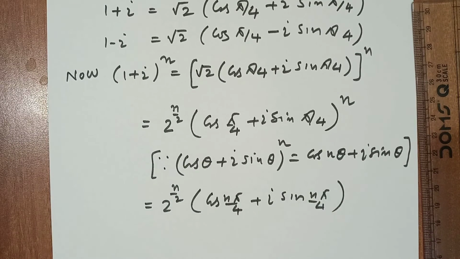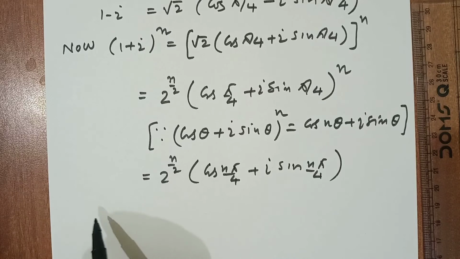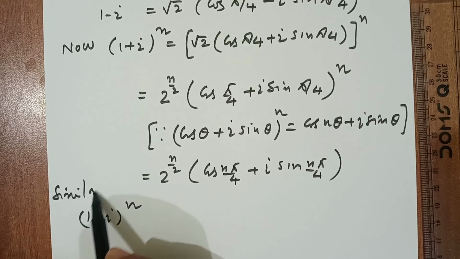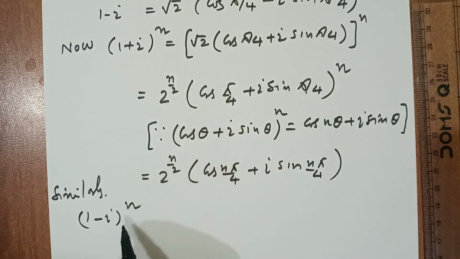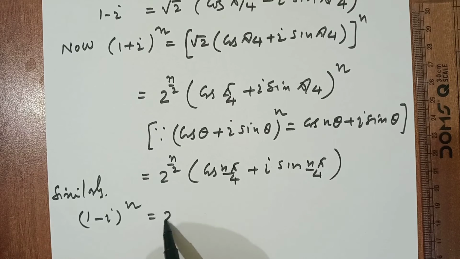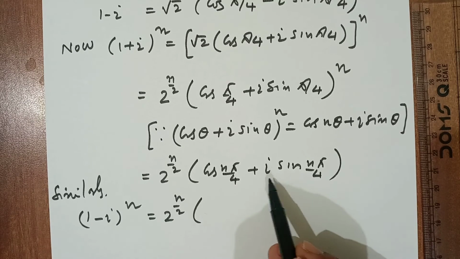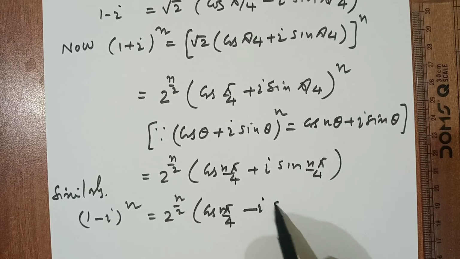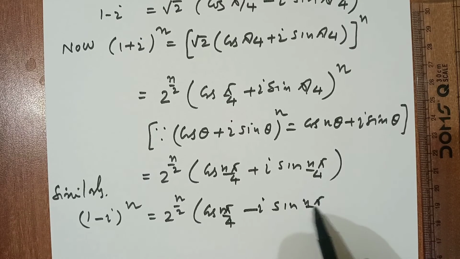Okay. Similarly, (1 - i)^n is equal to 2^(n/2), only this term will be negative. So cos nπ/4 - i sin nπ/4.